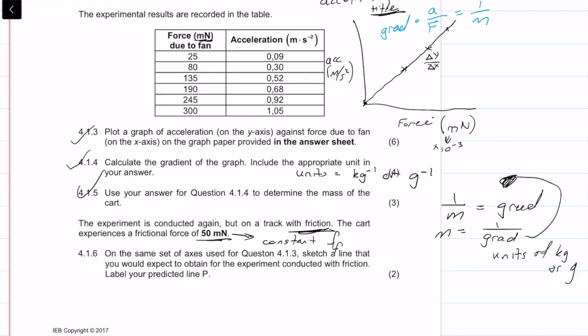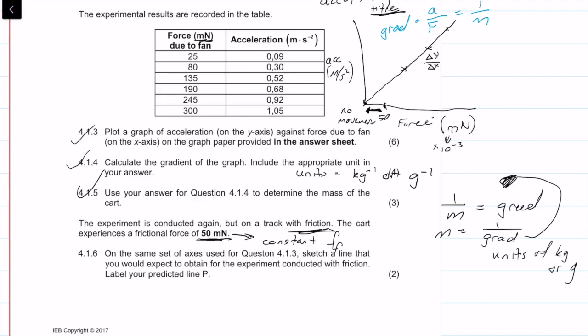With a constant frictional force, first of all, our line is going to shift because we need to exert a force before it moves. So the x-intercept is going to move to 50. The reason that happens is because there's a constant frictional force. If the applied force is less than 50, we have no movement.